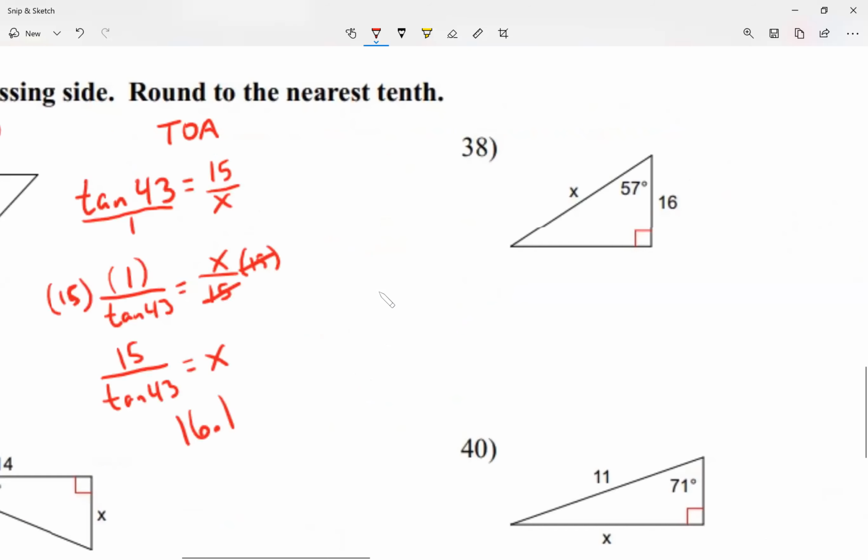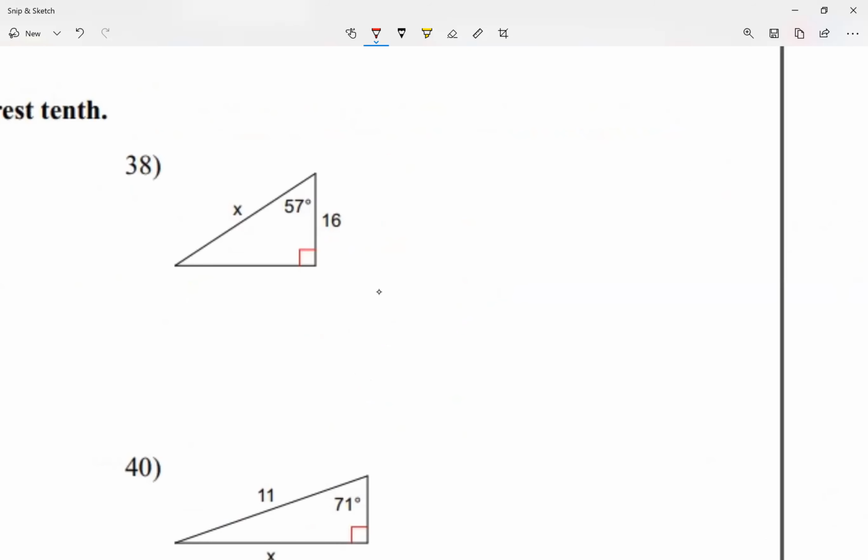Now let's take a look at number 38. I have the hypotenuse, and based on the 57 degrees, 16 is the adjacent. So I have A and H. I remember the acronym CAH, which stands for cosine of 57 is equal to 16 over x.